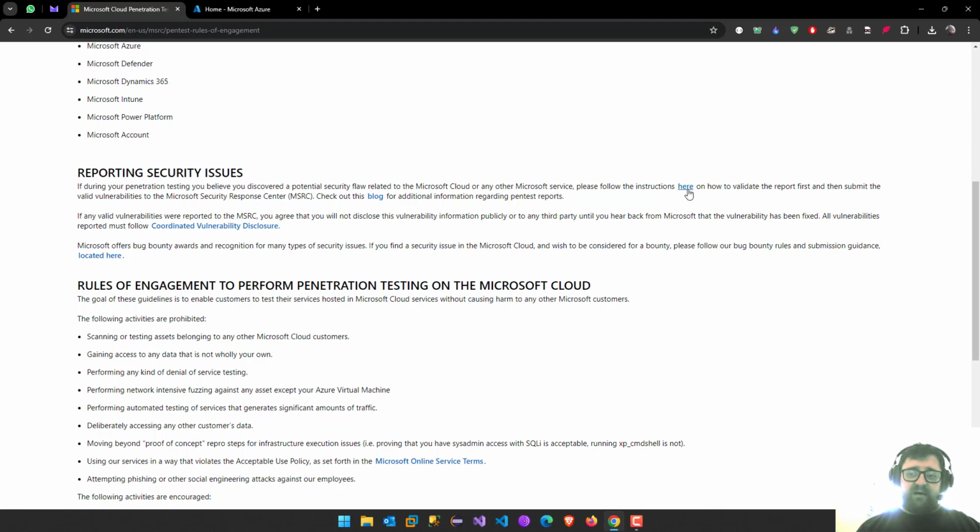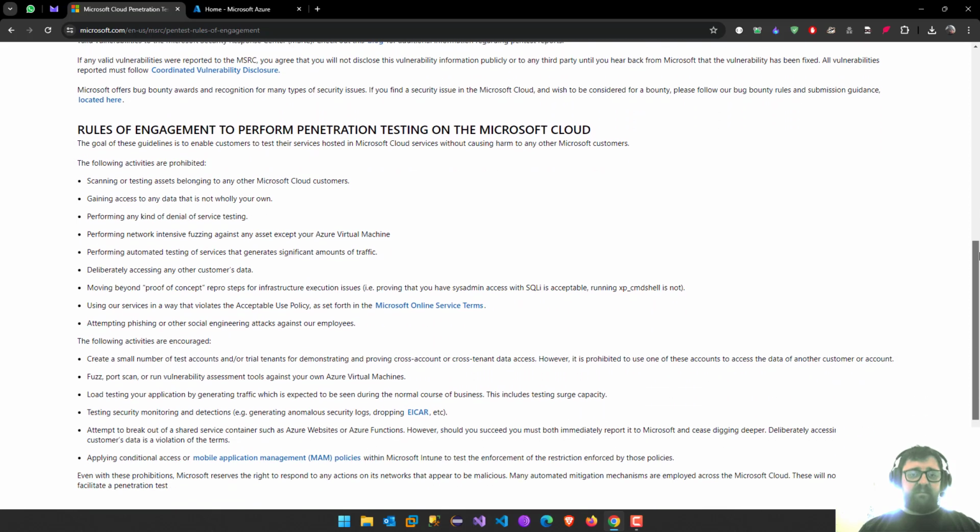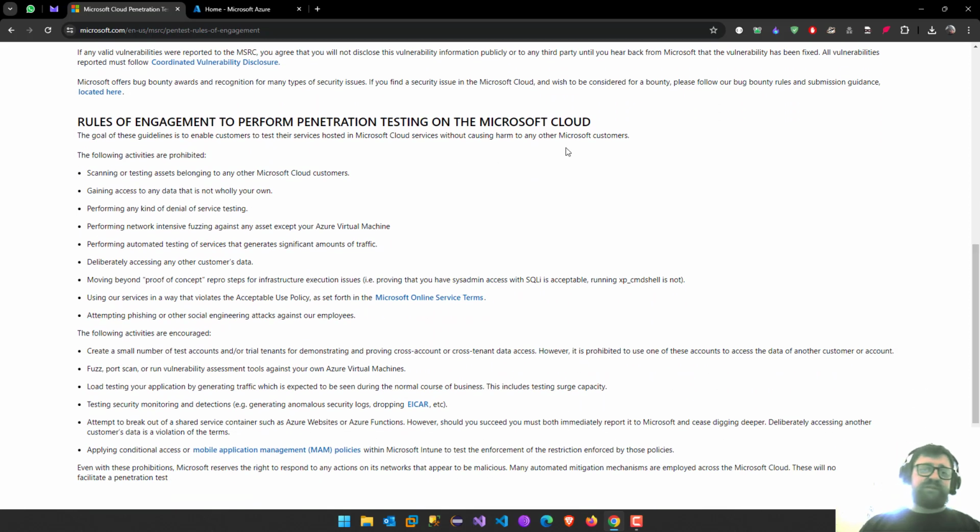Okay, and then here is a form where we can report an issue. And then here are the rules of engagement to perform penetration testing on the Microsoft Cloud. The goal of these guidelines is to enable customers to test their services hosted in Microsoft Cloud services without causing harm to any other Microsoft customers.